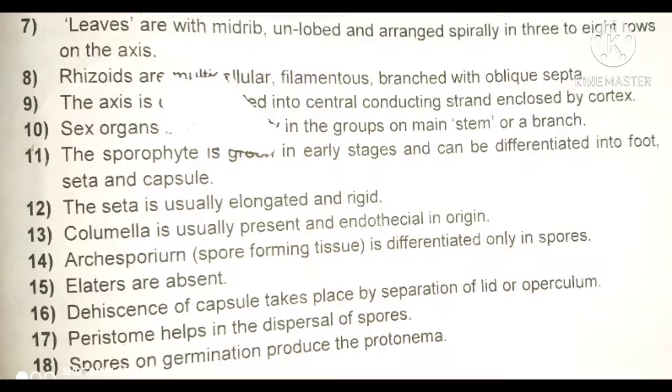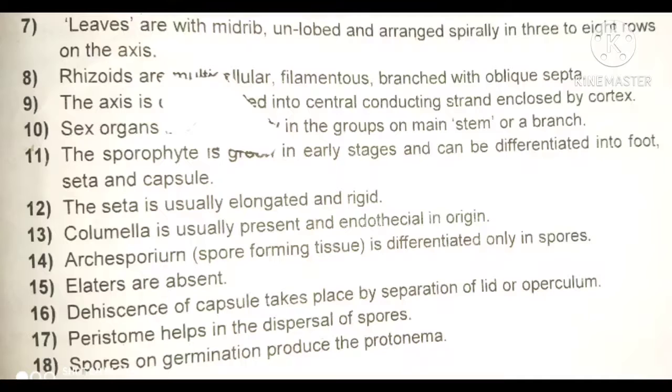This capsule shows an opening, and that opening is called the operculum. Near the opening or mouth, there are special kinds of teeth called peristome teeth. And inside the capsule there is sporogenous tissue.